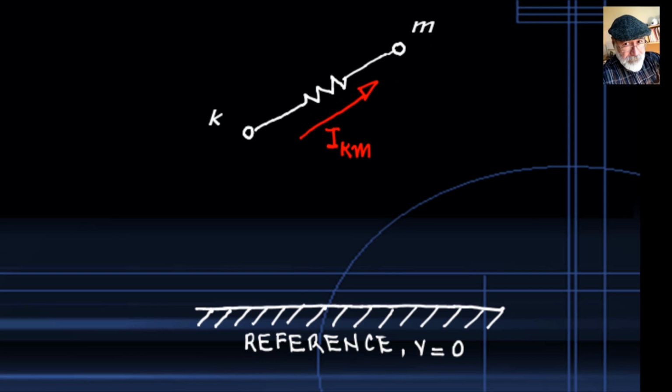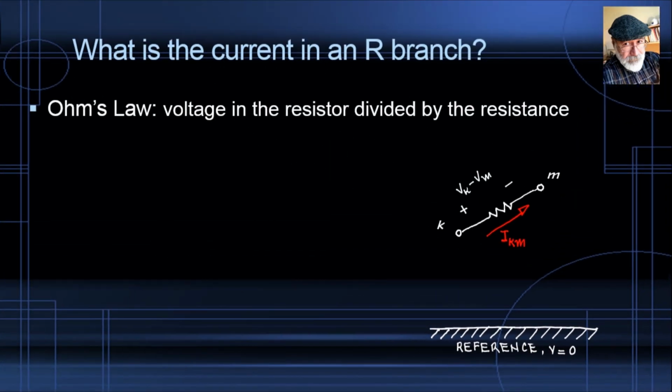If I want this current, IKM, flowing from K to M, I've chosen arbitrarily that K is the origin of the current and M is the destination of that current in that branch. Then the voltage I need is this one. But that voltage, of course, is Vk minus Vm. Divide that one by R, the resistance in the branch, and we get that current.